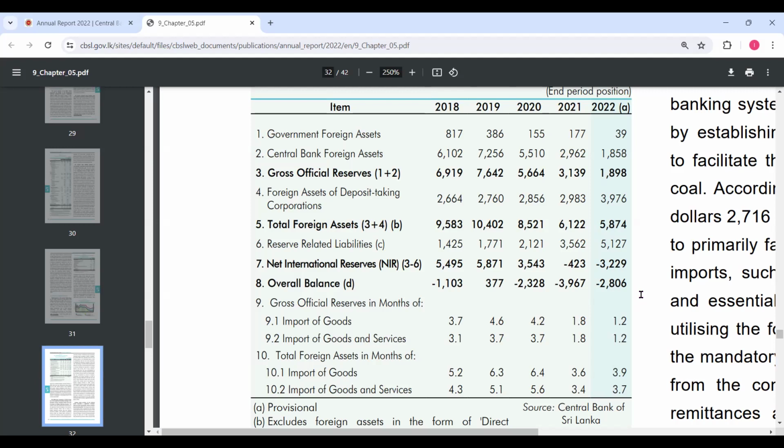Get it? 423. When you adjust, how much do we get? Are you guys doing this calculation? What's happening?